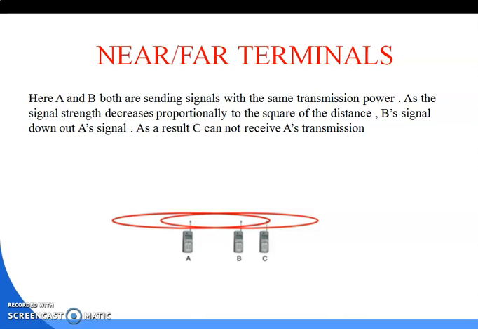But in the case of A, due to the distance from C, the signal is interfered with by the intermediate devices. That's why the signal becomes weaker and weaker, and C is not receiving A's signal. That's the problem of the near and far terminals.